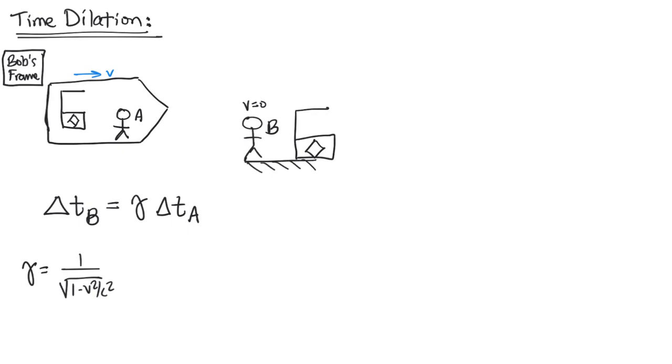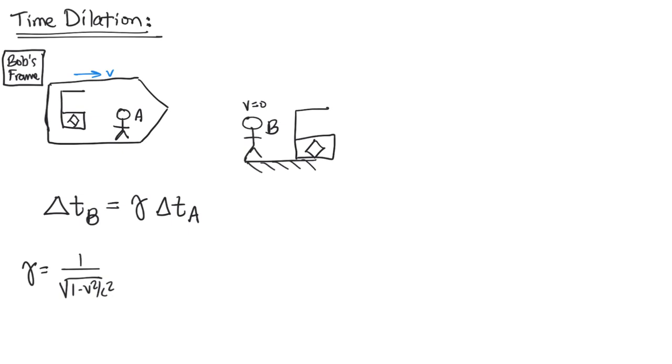Now, because of the principle of relativity, we could flip things around and study the situation from Alice's frame. And in Alice's frame, her clock would be at rest, and Bob's clock would be moving. Okay, and Alice would say, "Oh, Bob's clock is moving, therefore it ticks less than my clock."